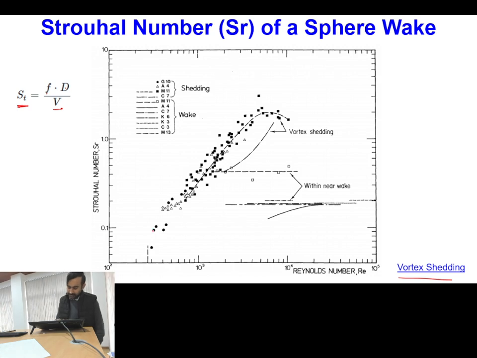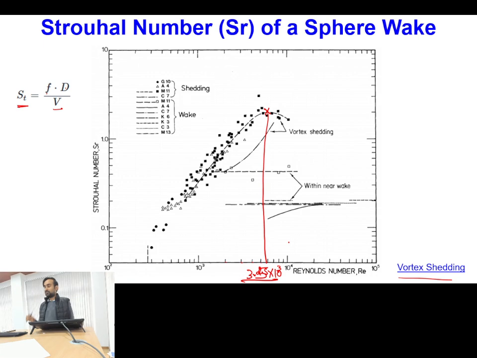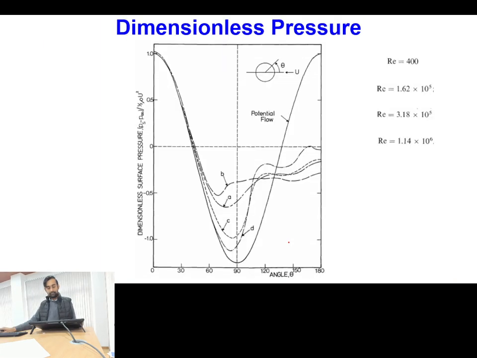You can see that when the Reynolds number is increasing, your vortex shedding frequency is increasing, and it reaches the highest value at a Reynolds number close to 3.5 into 10 to power 3, and then again it slowly starts decreasing. Okay.